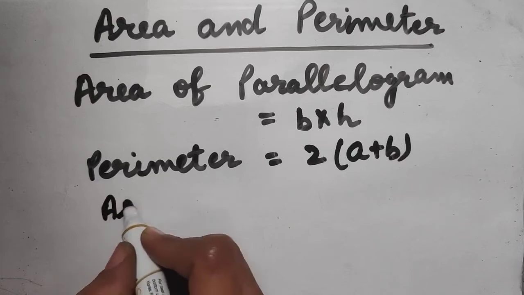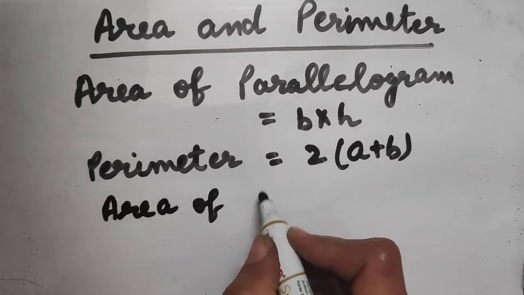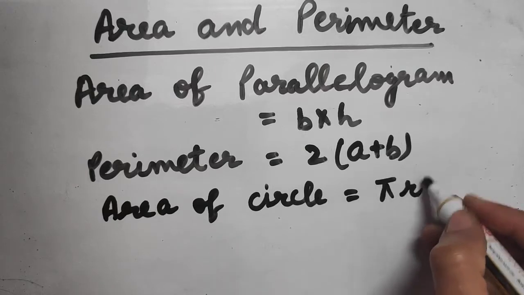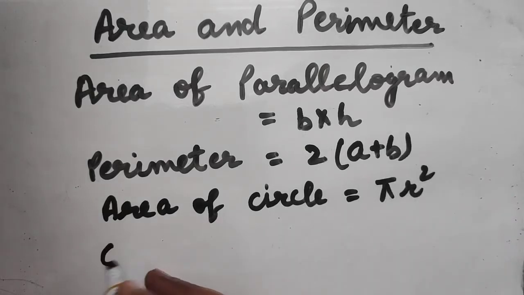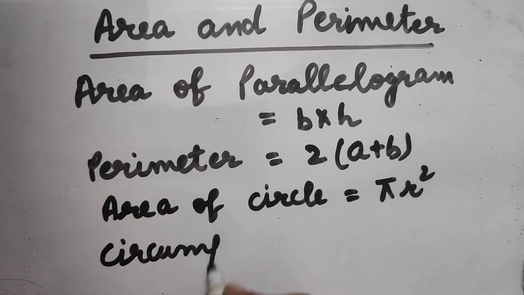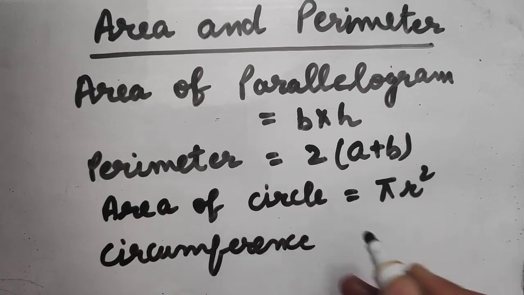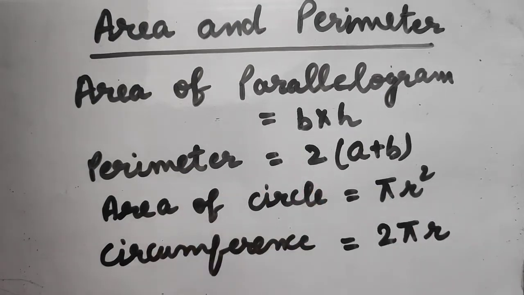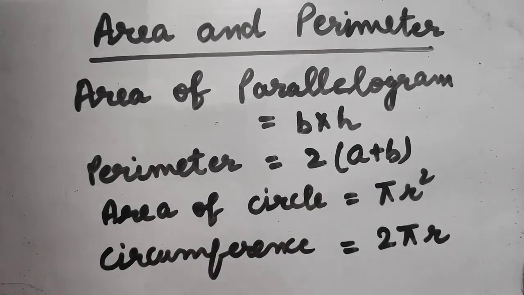And area of circle is equal to pi r square, where r is the radius. Circumference of circle is given by 2 pi r. So these are the formulas of area and perimeter of the plane figures.